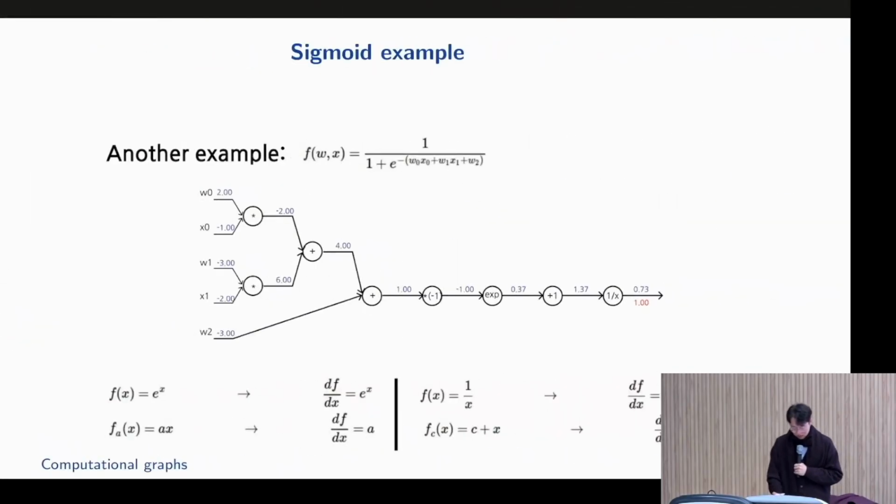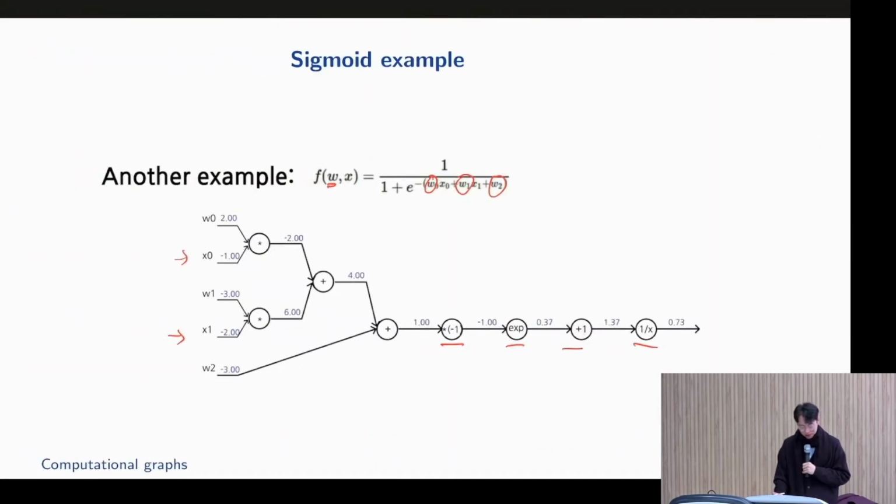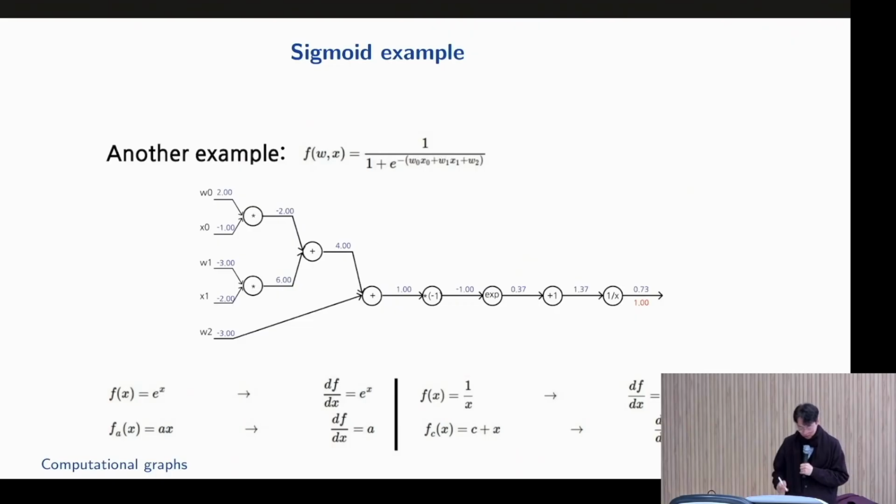So the forward pass is pretty straightforward. You can just take inputs and compute whatever is inside the node. How about backprop? For these intermediate nodes, the local gradients: exponentiating, you get e^x. df/dx for multiply, you get a. For the inverse, you get -1/x squared. Adding a constant, you get 1.